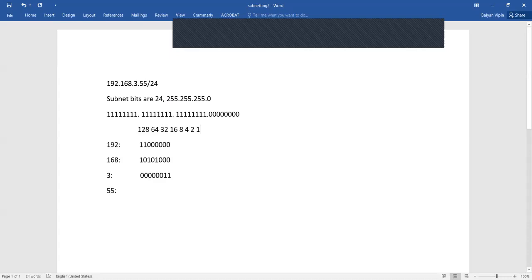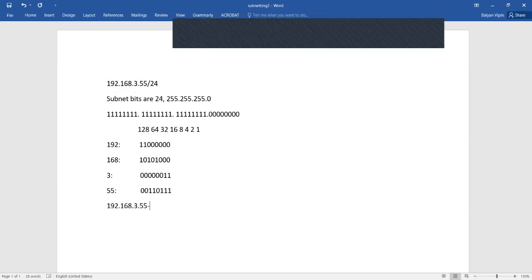So there will be a 1 at 32, the third bit, then a 1 at 16, the fourth bit, and then 1s at the positions of 4, 2 and 1 because we need to make 7. So this is 55.